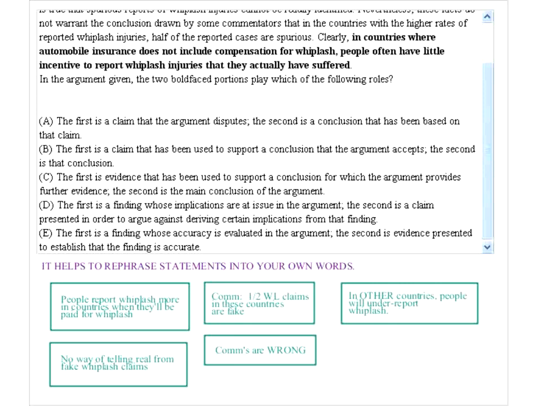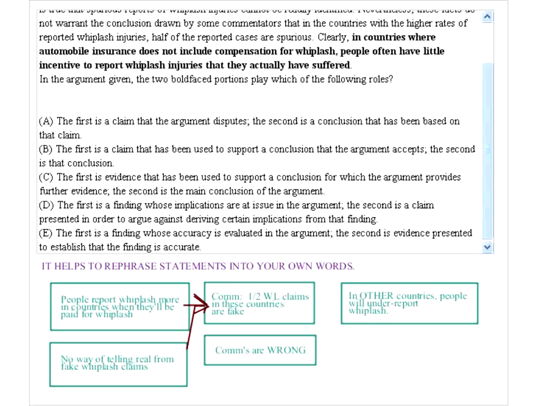Okay, I'll give you an idea of how this argument is structured. Text box question, I'll get to you in a little bit. The commentators claim that one half of these claims are fake. There's twice as many claims in these countries. That's the basis for the commentators saying that. And on top of that, there's no way of telling real claims from fake whiplash claims.